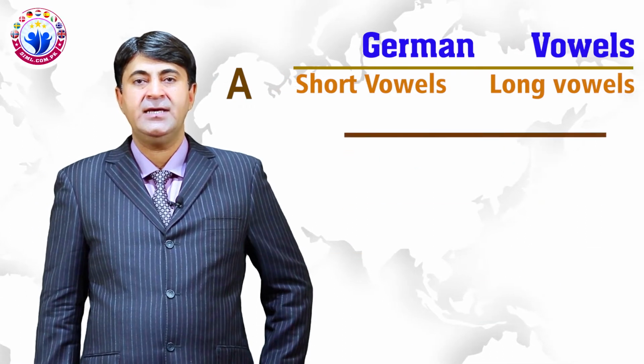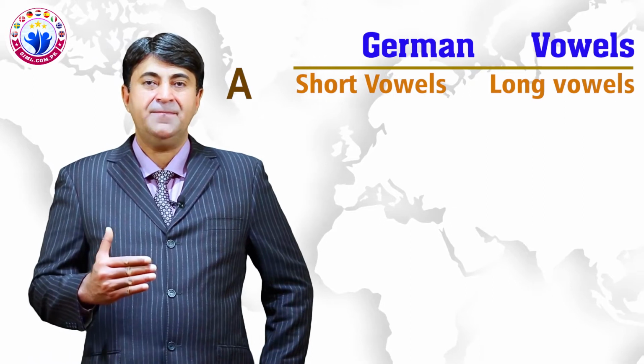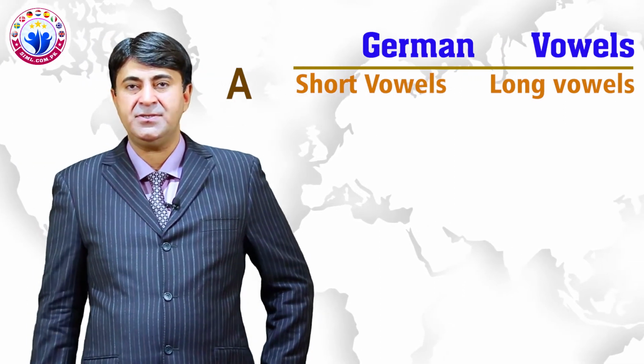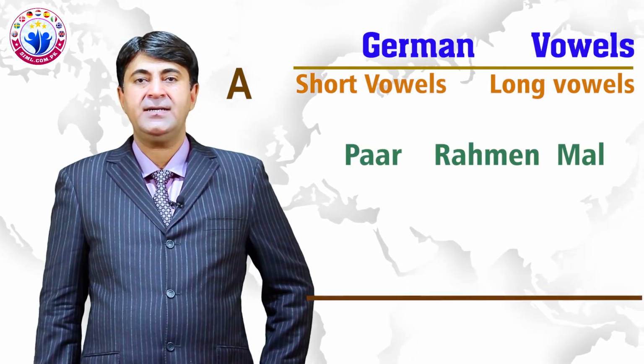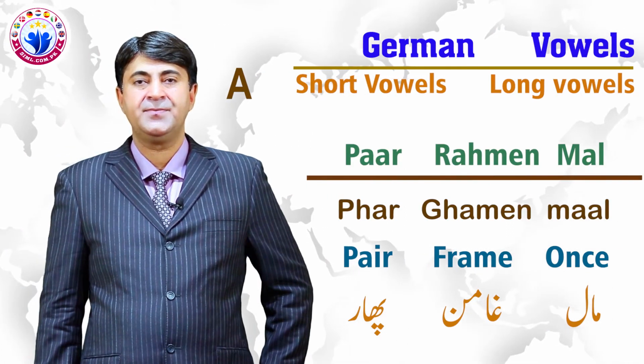And when it is used as a long vowel in a German word, then a bit longer sound is pronounced: Par, ramen, mal.